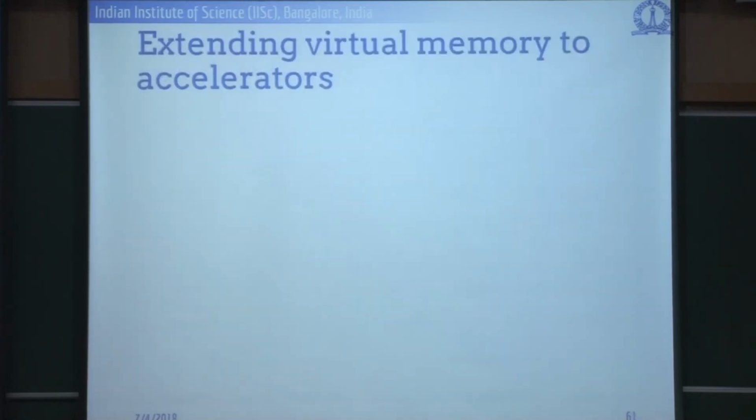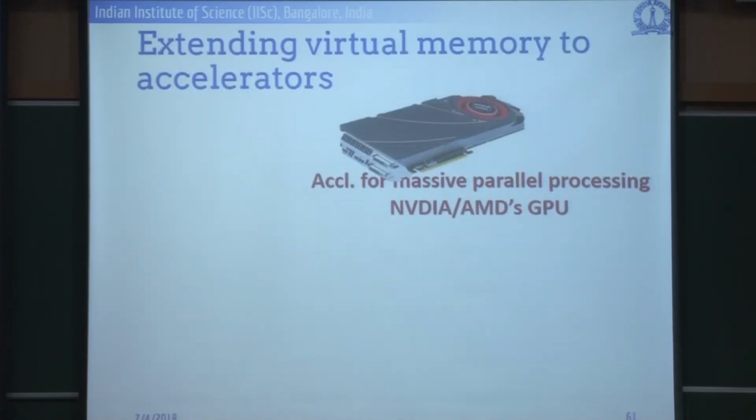But there are a few others that I wanted to mention. Accelerators are becoming the norm. You probably have heard of GPUs, and in this summer school, we will talk about GPUs. GPUs are very important. So the question is how we can extend the virtual memory subsystem to different accelerators like GPUs.